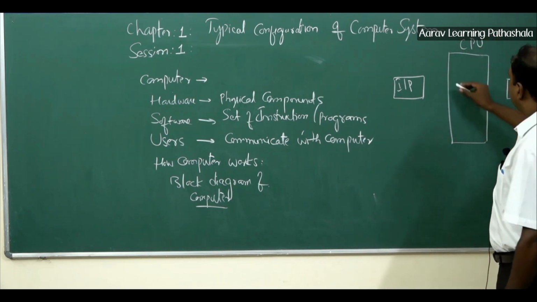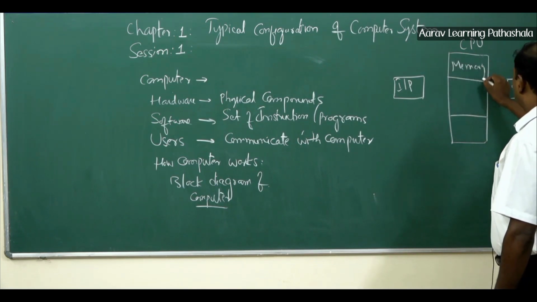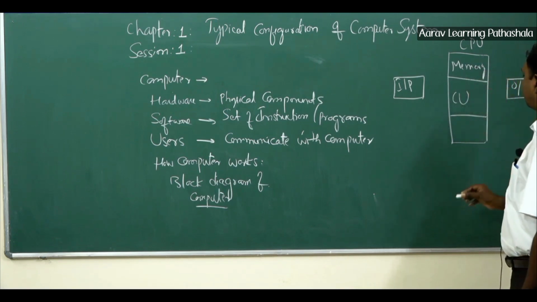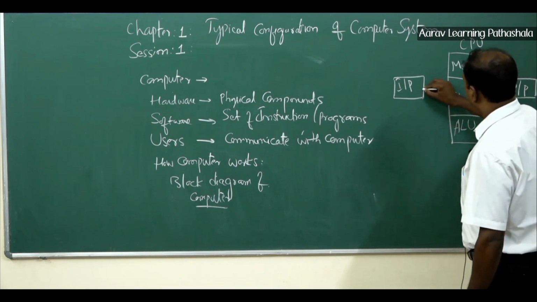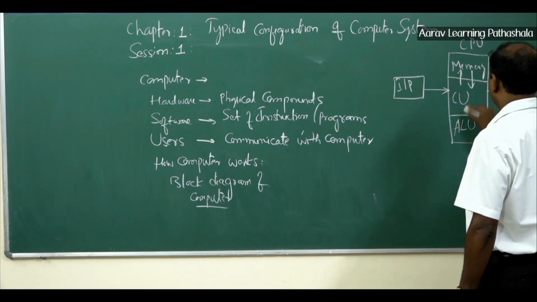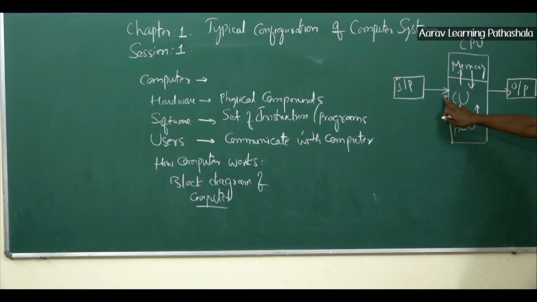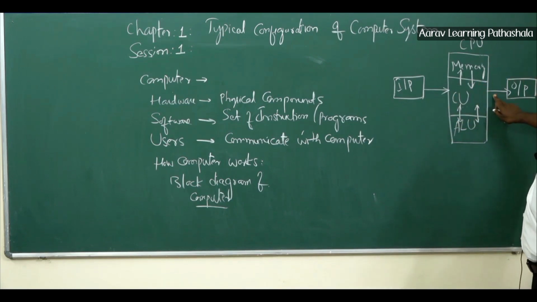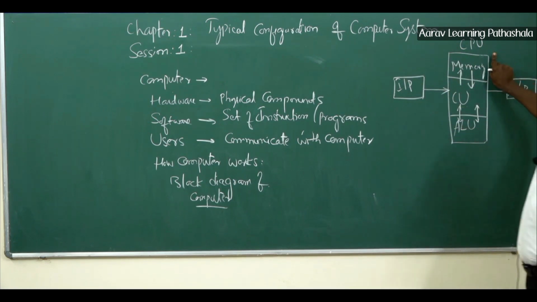CPU, as all of you know, is divided into three parts. One is memory, the second is the CU, the control unit, and the next is the ALU, the arithmetic and logic unit. These we connect like this, and the arrow marks in this diagram indicate the flow of data or instructions between input devices, CPU and output devices. So we represent the computer diagrammatically. This is the block diagram of computer.